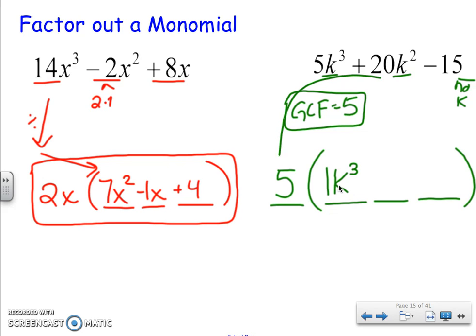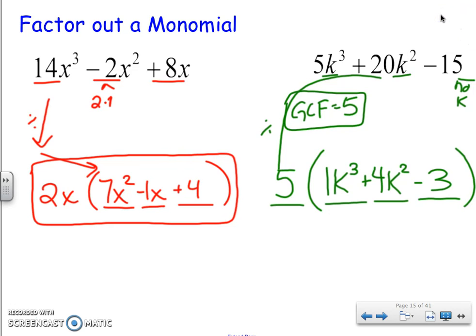And then I'm going to do 20 divided by 5 to get 4. And again, I did not take any k's away on the outside, so the k's just drop down. Lastly, negative 15 divided by 5 is a negative 3. And there were no k's on that, so I do not have to drop anything down. Okay? So that's how you factor out a monomial.